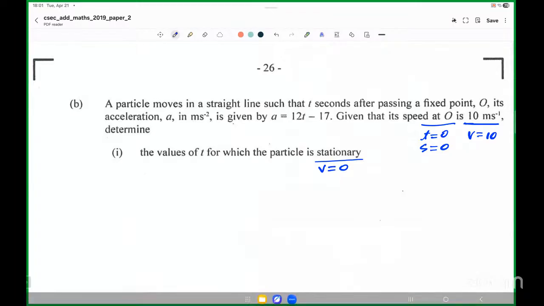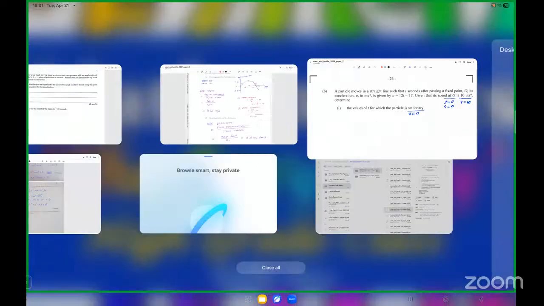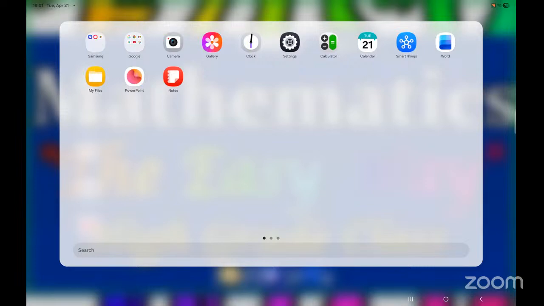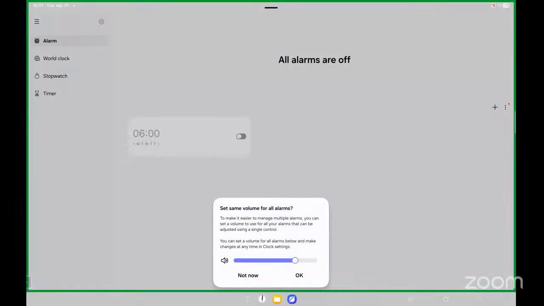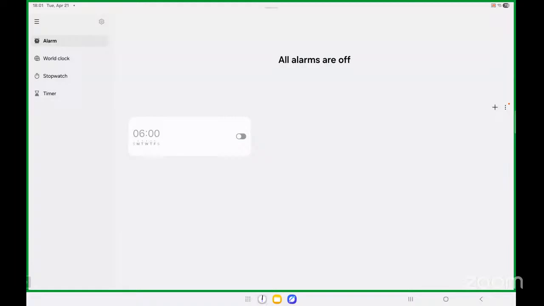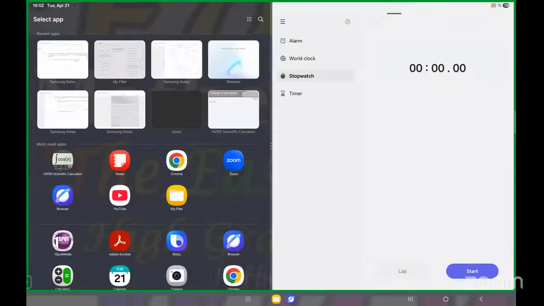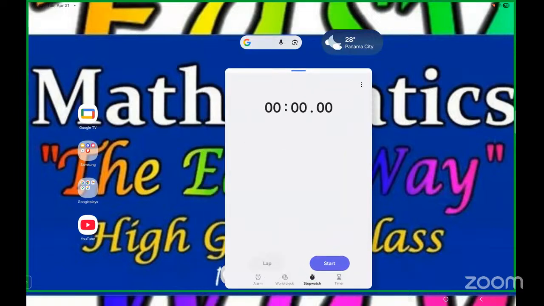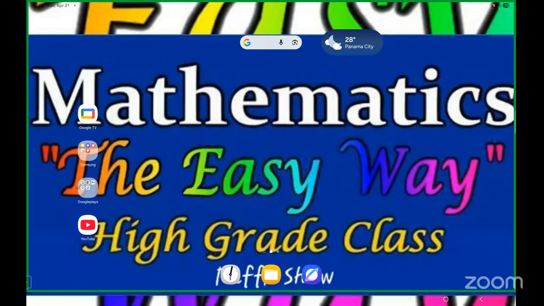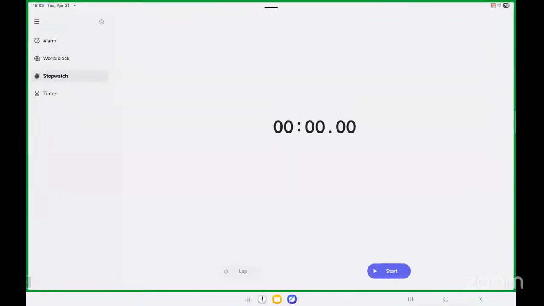So I'm going to put on a clock. See if we can put up a clock on the screen and give you a couple of minutes to do it. Where's the clock? Stopwatch.